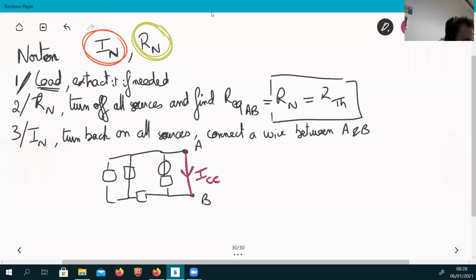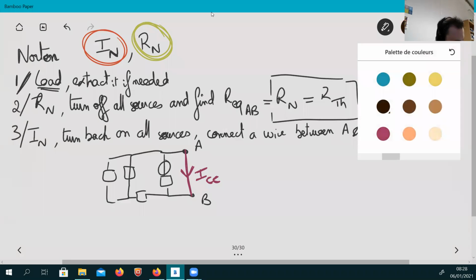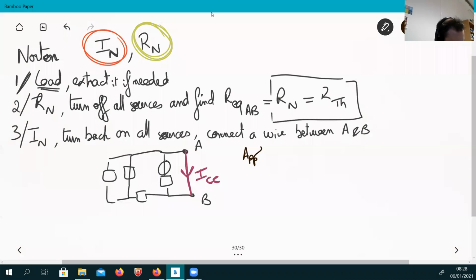I'm going to call this current ICC. Then you are going to apply Kirchhoff's law to go back and find the value of ICC.